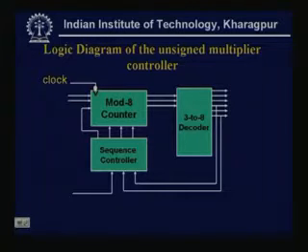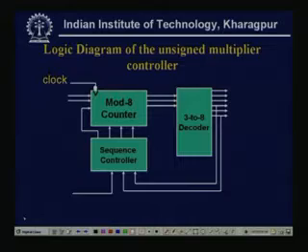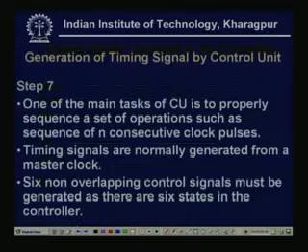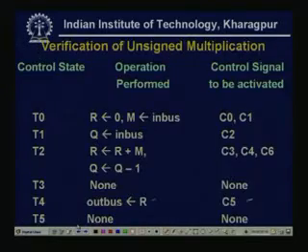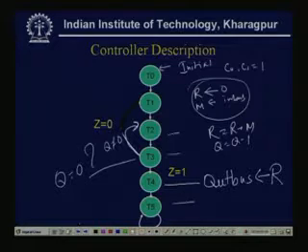Now, if we see the controller state diagram again, the controller counts up automatically in response to the next clock pulse. Every clock pulse it is in the next state.